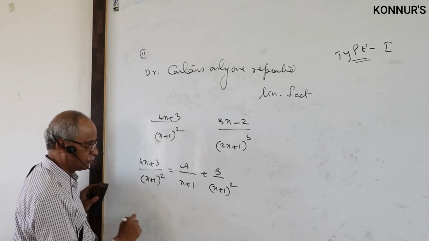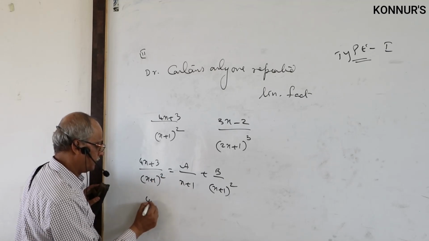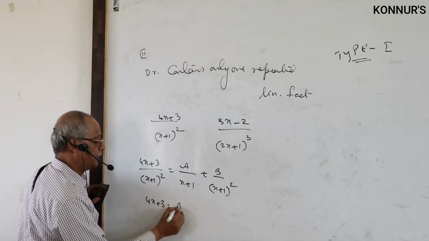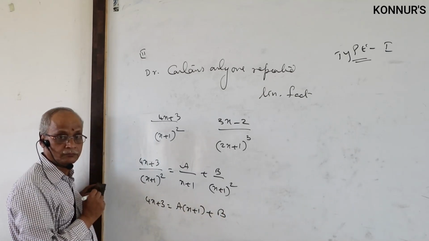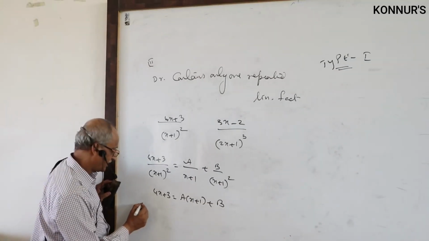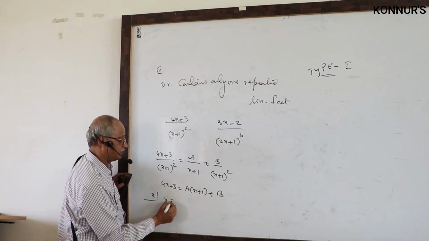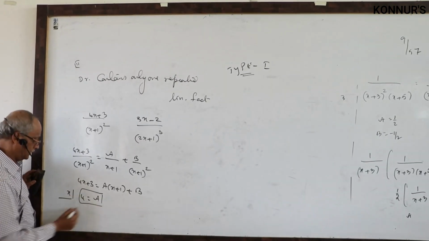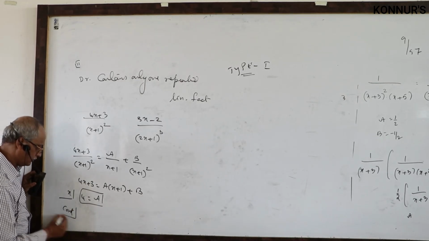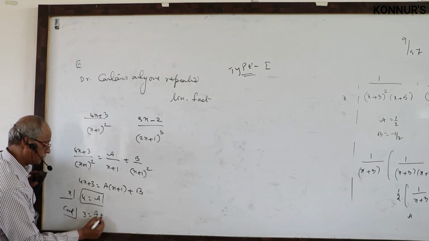That's why I am showing one model. Cross multiplying, 4x plus 3 equal to a into x plus 1 plus b. Compare x terms both sides: 4 equal to a. Completed. Constants both sides: 3 equal to a plus b.